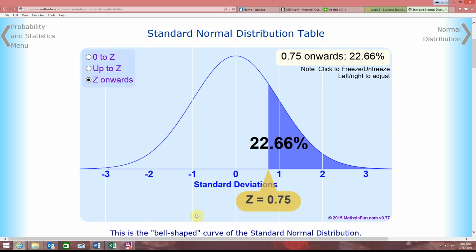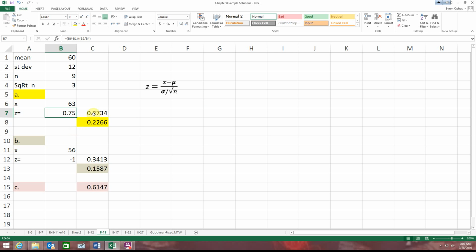What I end up with is 22.66, and that would be a percent. So when I look it up, I come up with this number, but think of that normal distribution. 22.66% is the chance that my sample mean is greater than 63.